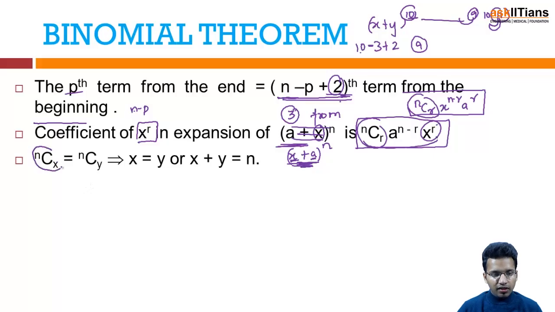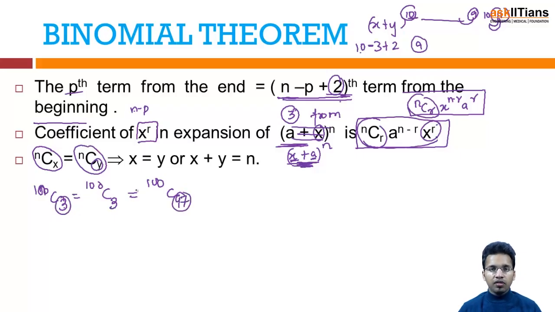Now if I'm writing this, there can be two cases. Suppose I am writing 100C3 is equal to, either this y will be equal to 3 only, or this y will be equal to 100 minus 3, that is 97. Now what is the purpose of this? Again, as we look, x square plus y square, or 2xy basically, plus y square.